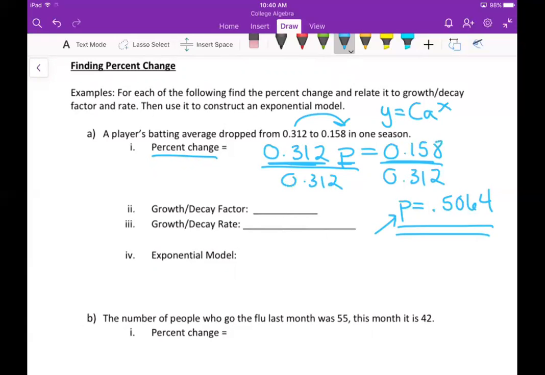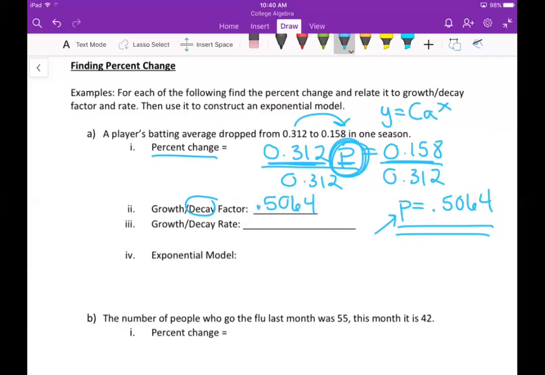So I wouldn't say here that my batting average dropped by 50.64%, because that's actually the percentage. When we found the percent change, we found the percent that we were able to keep of our batting average. We found the decay factor when we found this percent change.